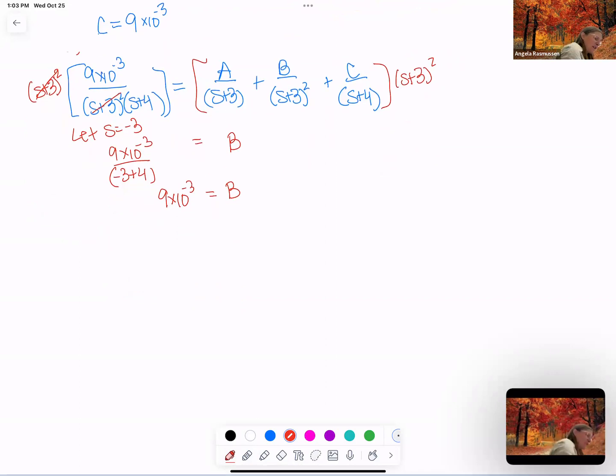So, you know, I guess we can quickly do that. So let S equals 0. And then just plug in.